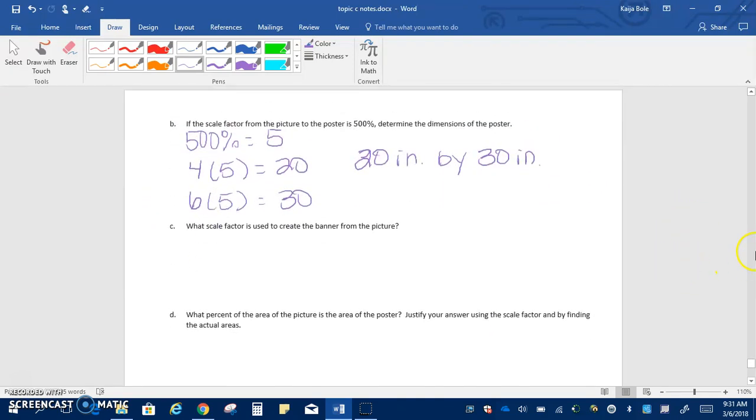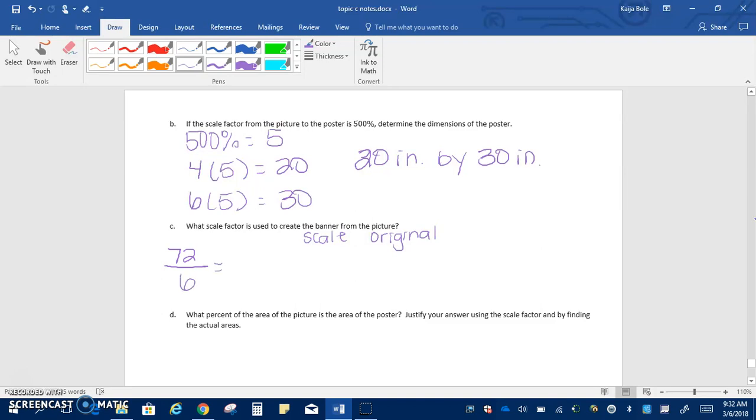Part C, what scale factor is used to create the banner from the picture? So that means the picture is our original, the banner is our scale. Alright, so to find our scale factor, we do scale over the original, which for the banner is 72 over 6.